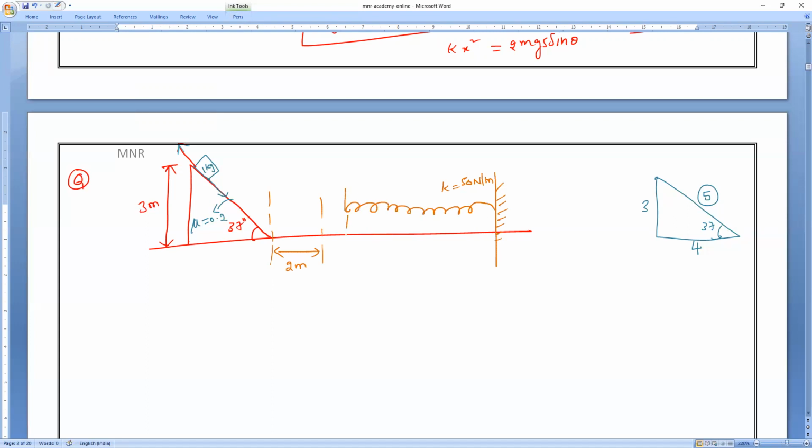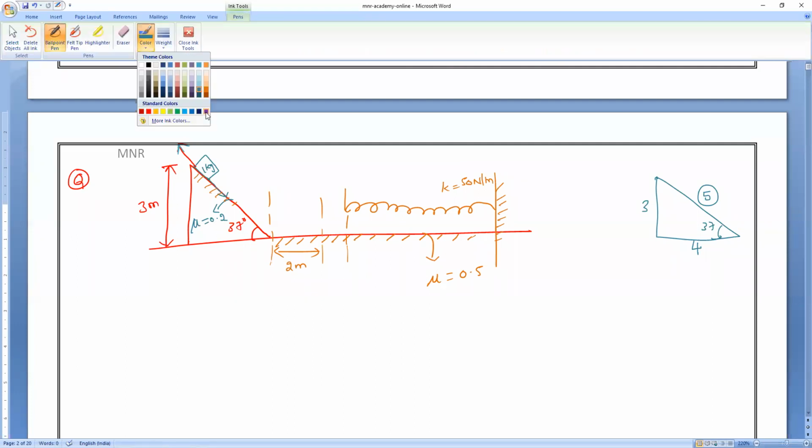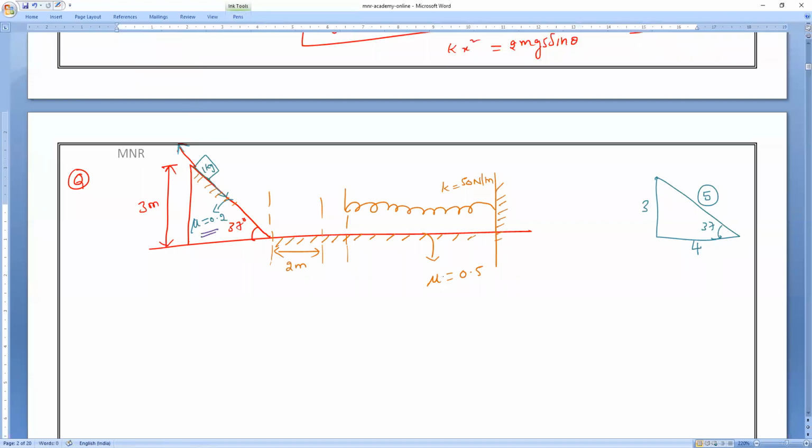And this surface, observe from this point, also has a coefficient of friction equal to 0.5. So both this surface and that surface are rough surfaces, which means both exert frictional force. Understand what I am saying?